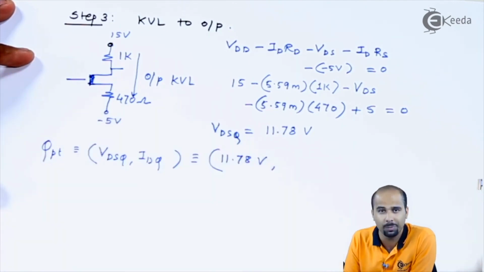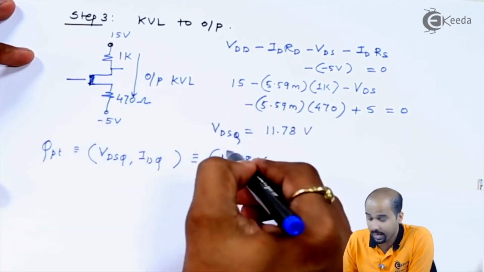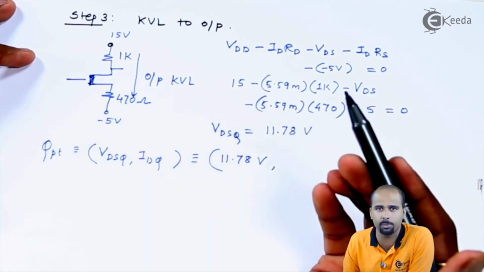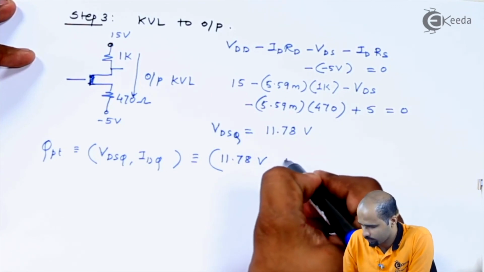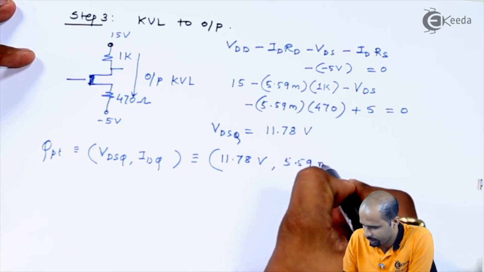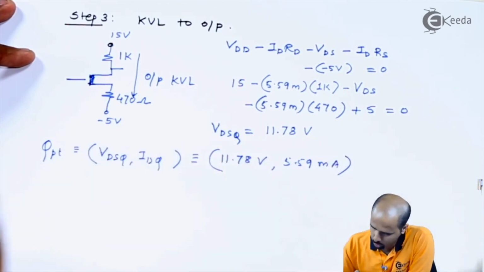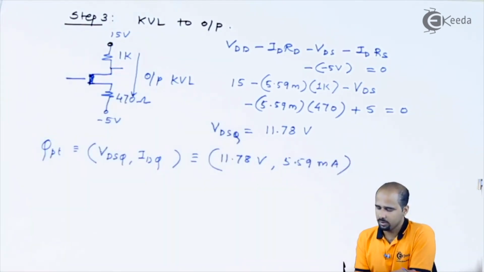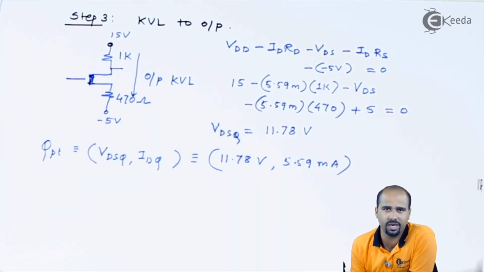Now here we have got the positive value, so I can say that it can work as an amplifier, right? So 5.59 milliampere.